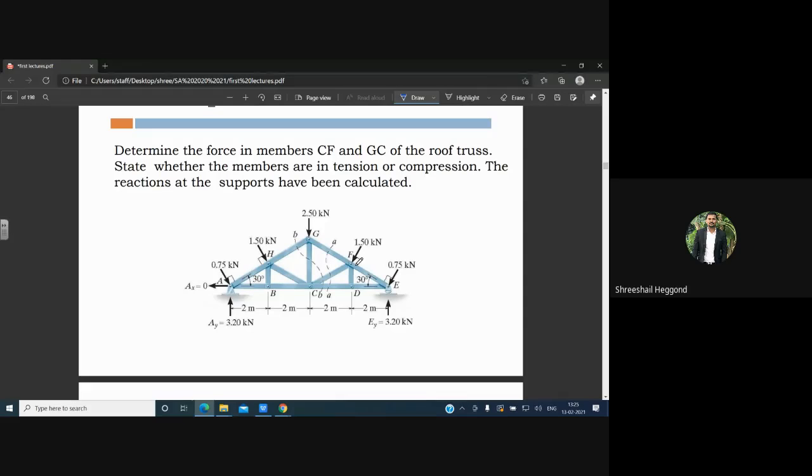The loading condition is also symmetrical. You need to find out the member force of GC, that is the central vertical member, and another member is CF, which is the inclined member adjacent to the vertical member. You need to find out two member forces.